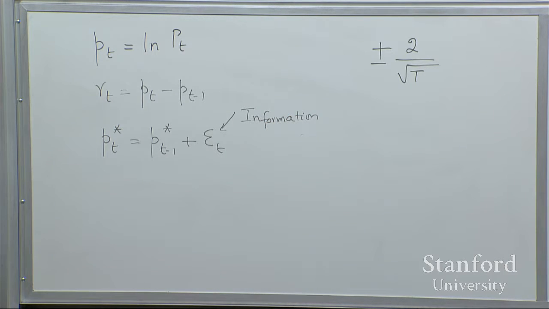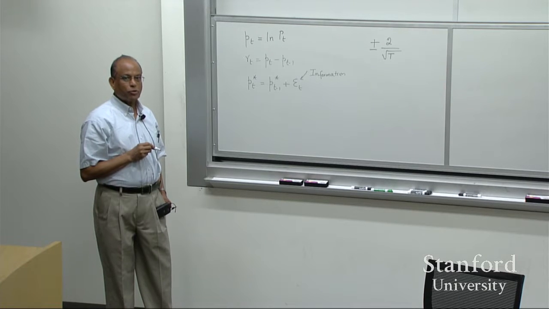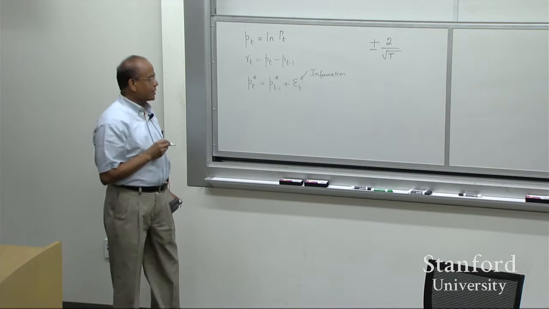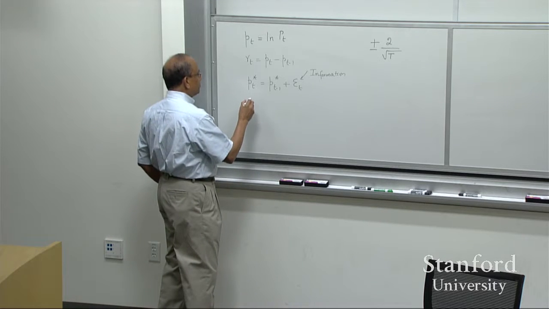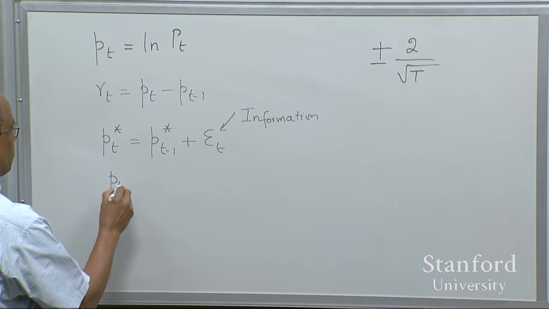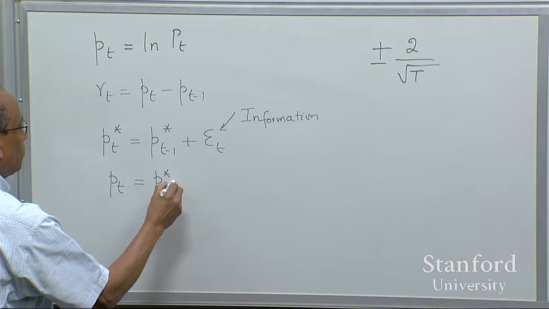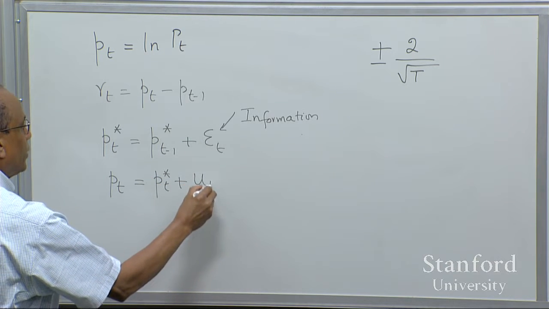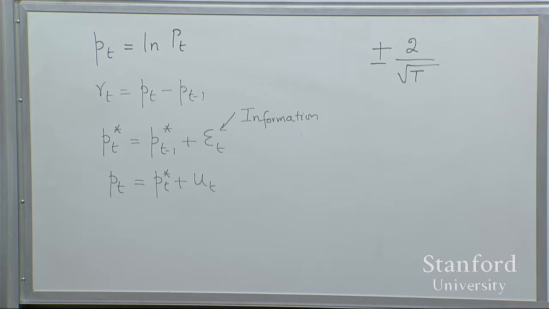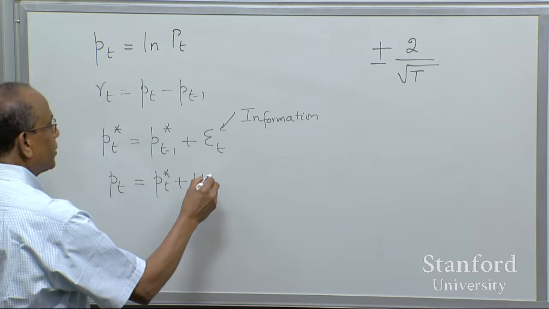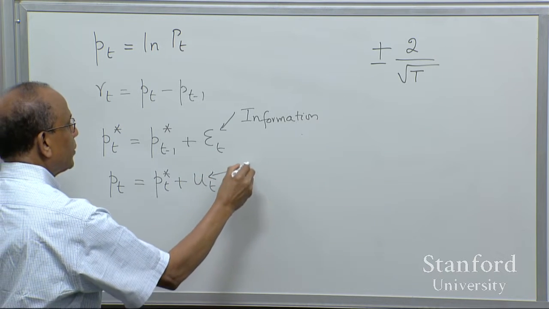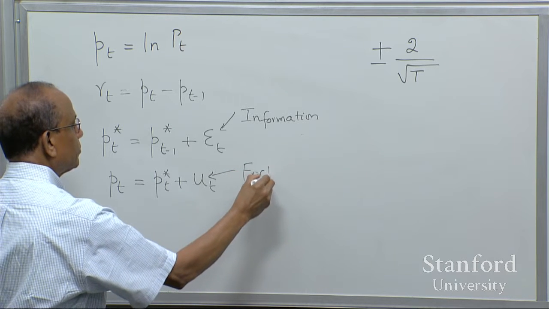But you don't observe the true price. What you observe is what is exactly transacted. So the observed price is the true price plus some quantity ut. I'm going to call this ut the friction in the market.